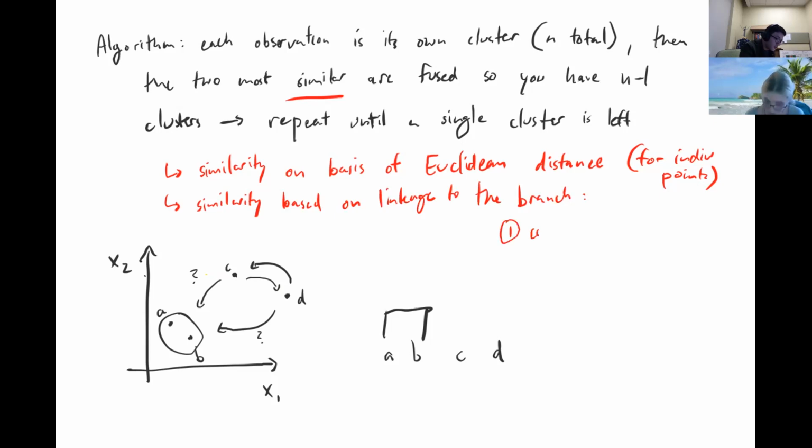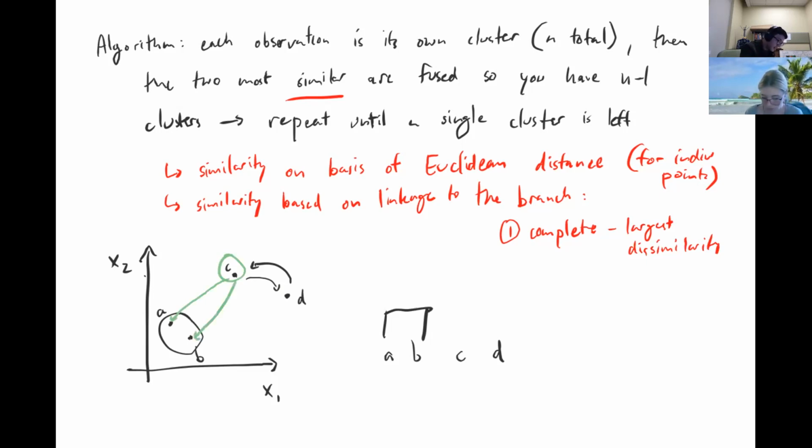So 1, complete. This is the largest dissimilarity. Okay, so what that means is, let's look at C. I've got this and I've got this.